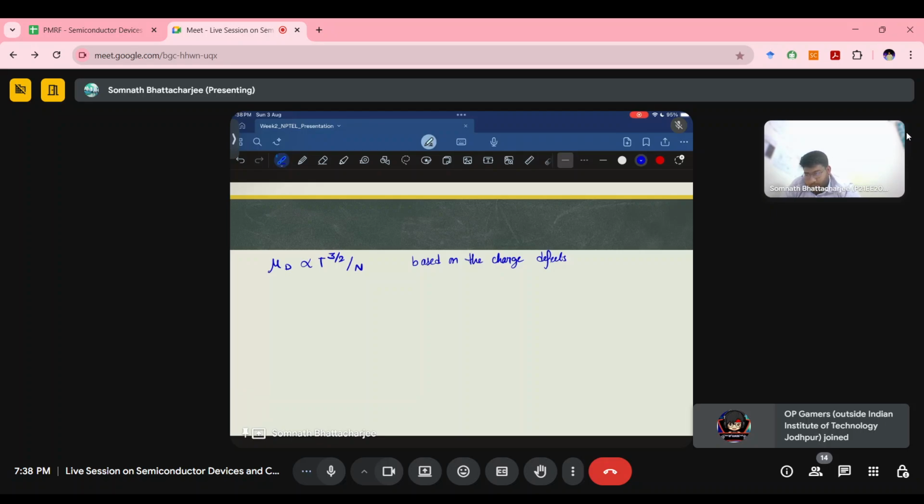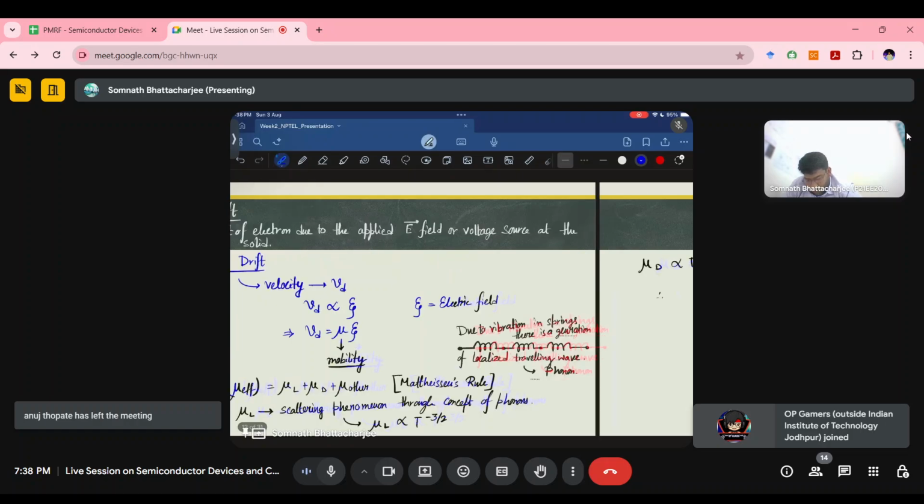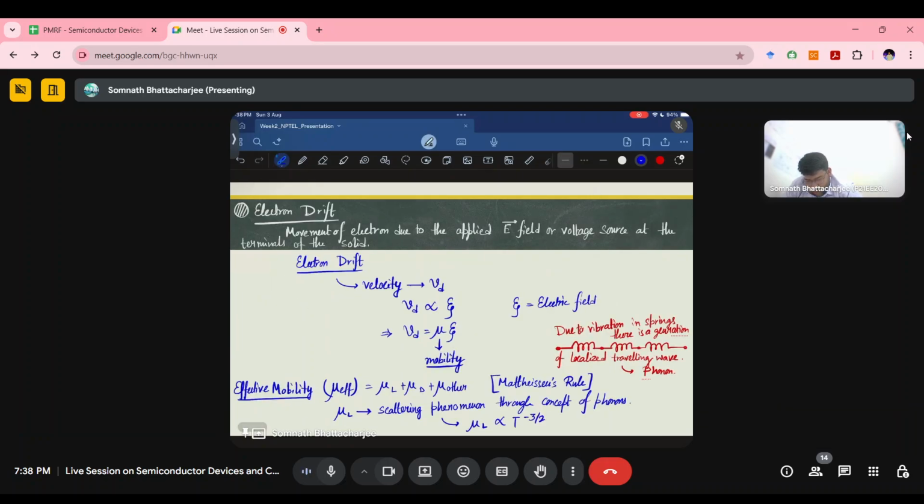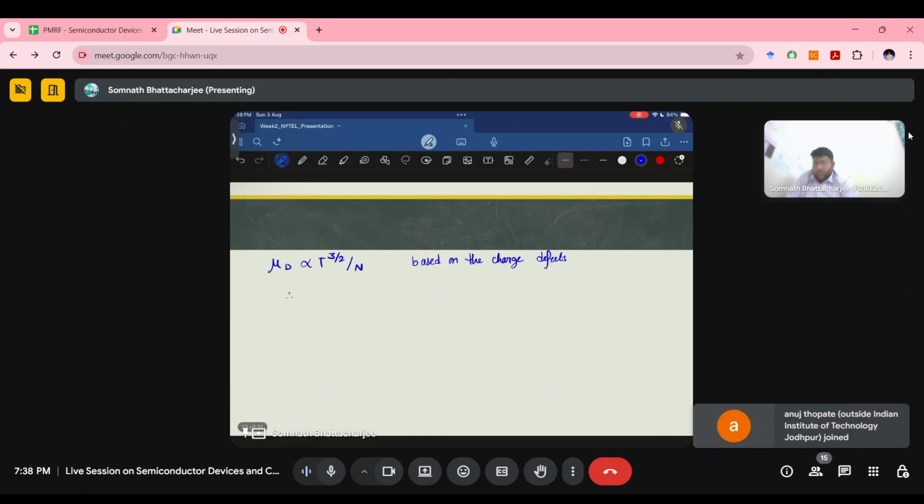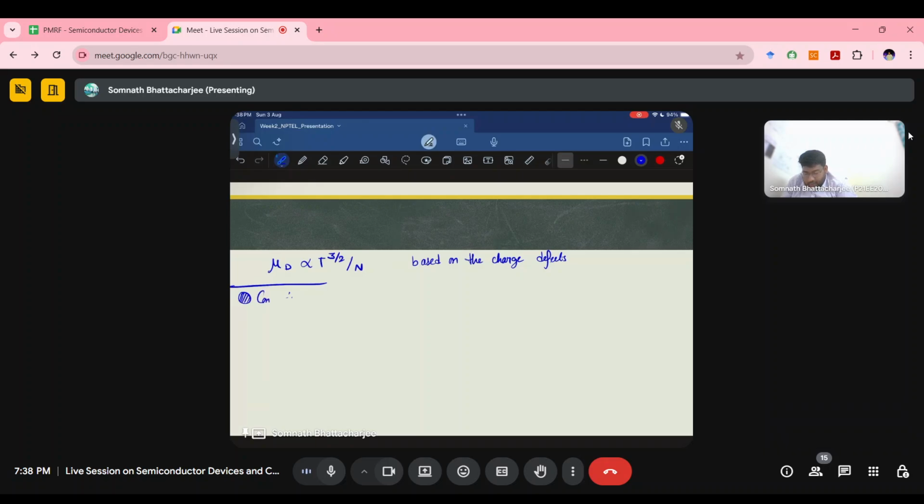Oh sorry, I guess here I have written it wrong. This would be like this. So this is called Matthiessen's rule, and after that we have learned the concept of effective mass.